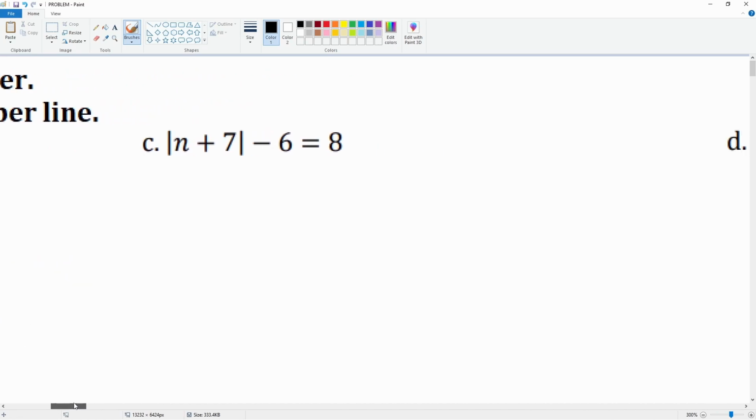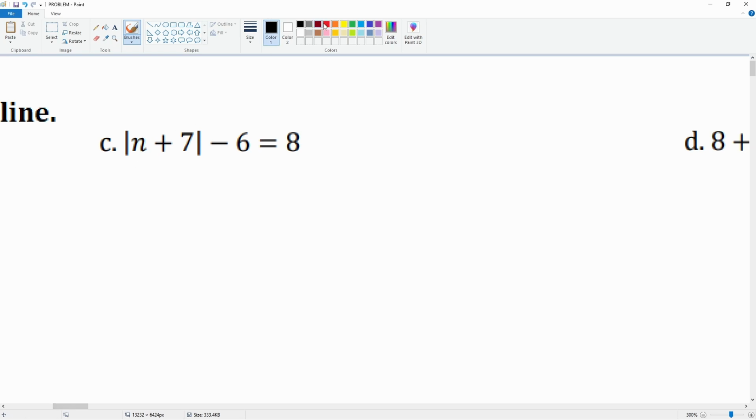All right, let's do C. The absolute value is not by itself. We have to get the absolute value by itself, so we're going to add 6 to both sides. This cancels, leaving you with just the absolute value of n plus 7 is equal to 14. Now you can split it.